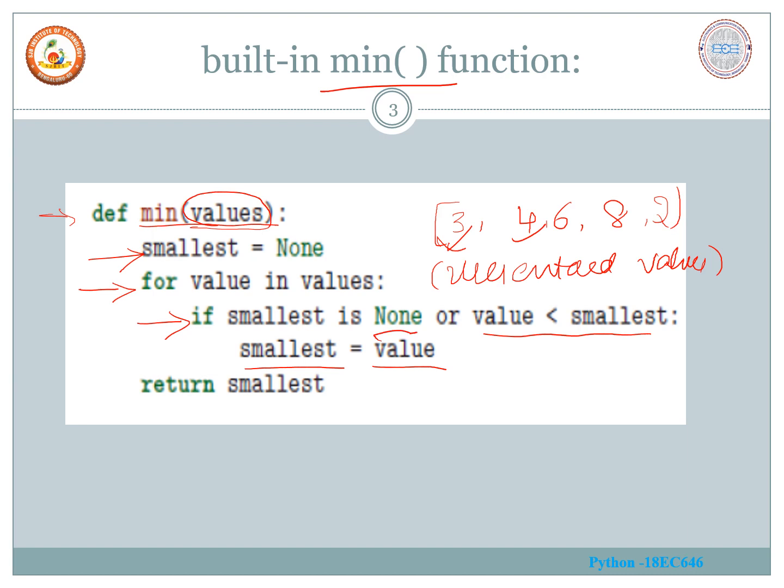Now none, when compared to 3, the smallest will be loaded with 3. Now first time when it is loaded with 3, it will compare the value 3 with the next iteration value.